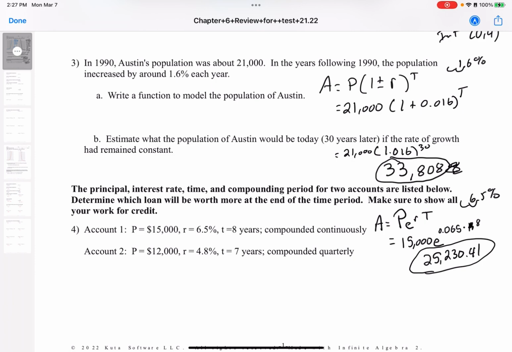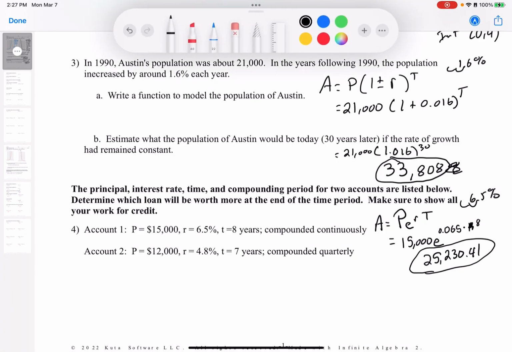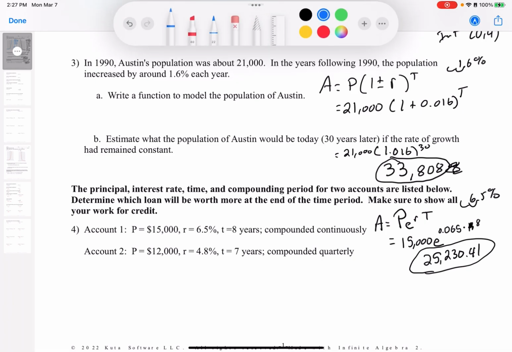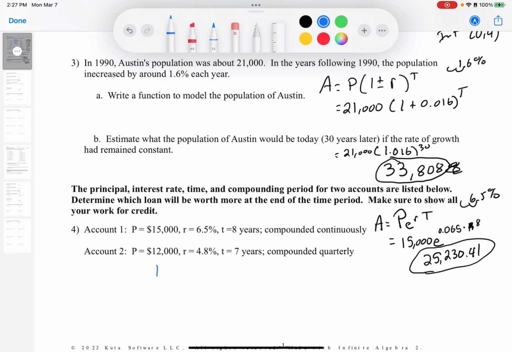Now we have to do it for the second one. For the second one, we'll do that in blue. The formula that we're going to use is A is equal to the principal times 1 plus our rate divided by n, to the nt, where n is how many times it's compounded. So our principal is 12,000 times 1 plus our rate, so it's 4.8%, 2 places, 0.048, divided by n.